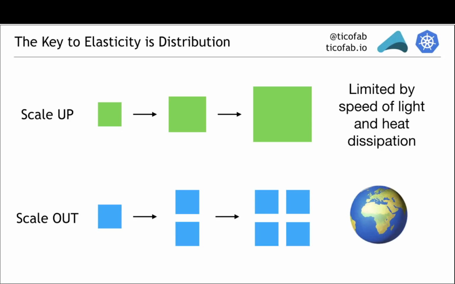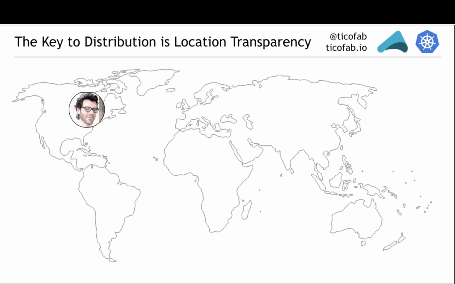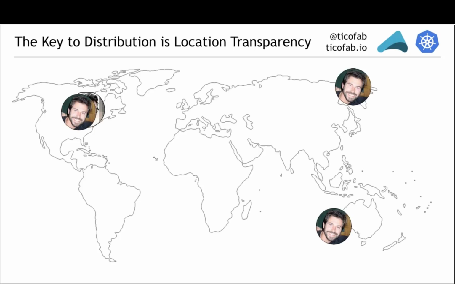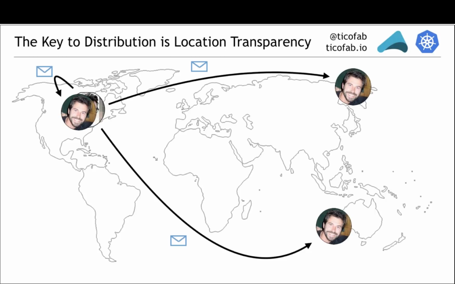Now, if the key to elasticity is distribution, the key to distribution is location transparency. And let me just introduce this concept with a simple example. Let's say Oliver is in New York and he wants to send me an email. Well, to him, it doesn't matter whether I am in Siberia or in Australia, or if I am in the same building where he is, because all he needs to have is my email address, and I will get his email anyway.